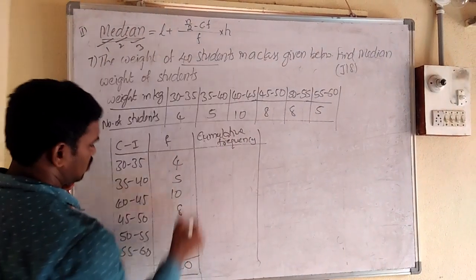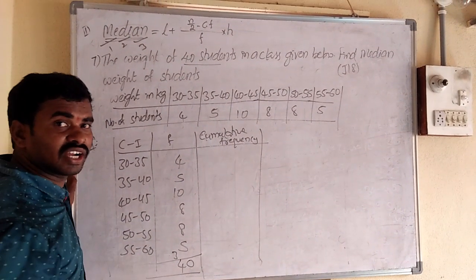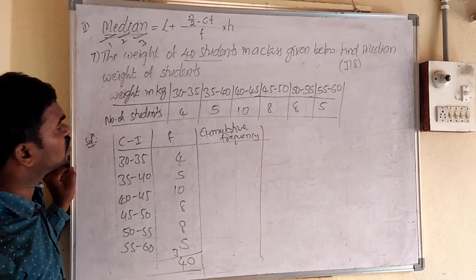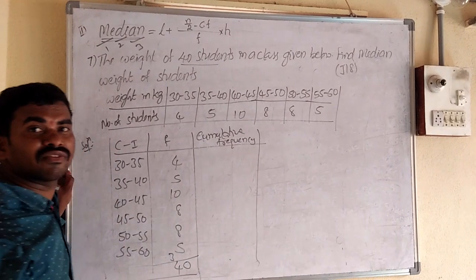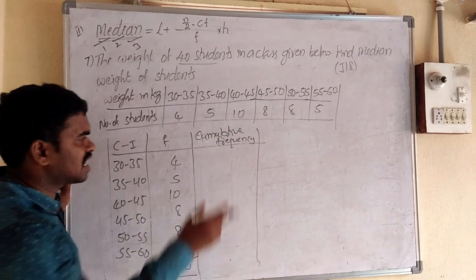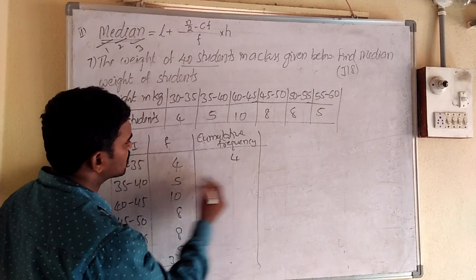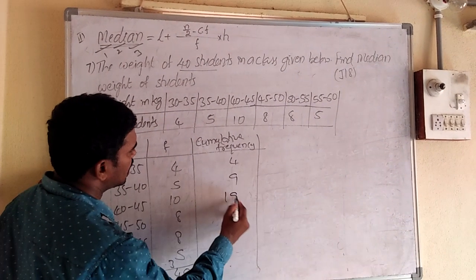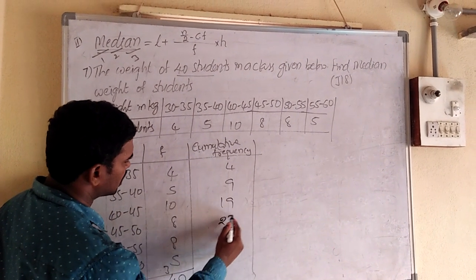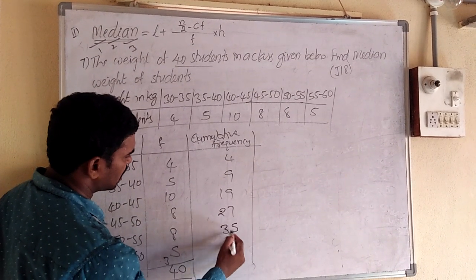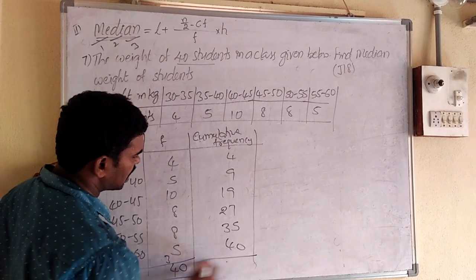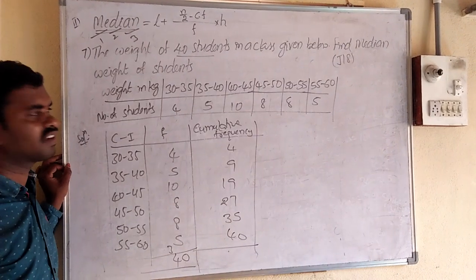Okay, 40 students, so the sum is 40. How can we write cumulative frequency? It is the less than type cumulative frequency, as in the ogive curve. So 4, 4 plus 5, 9, 9 plus 10, 19, 19 plus 8, 27, 27 plus 8, 35, 35 plus 5, 40. This is cumulative frequency.